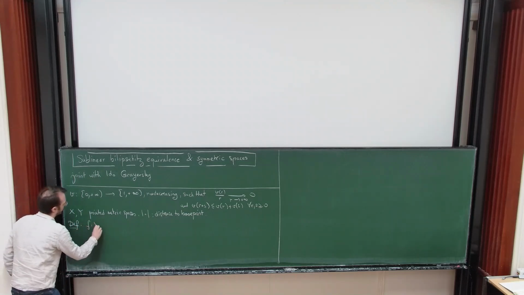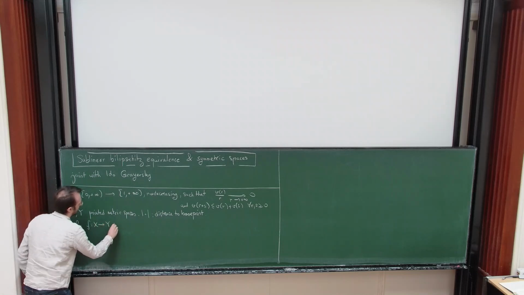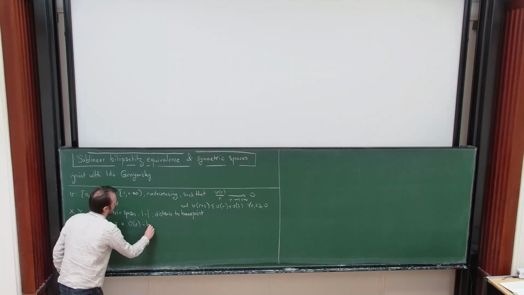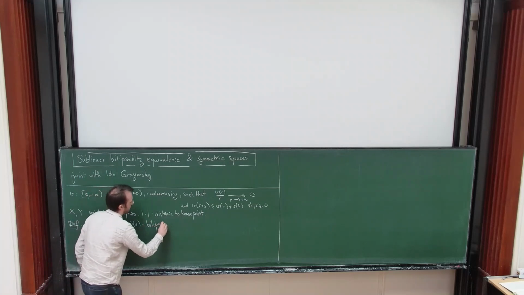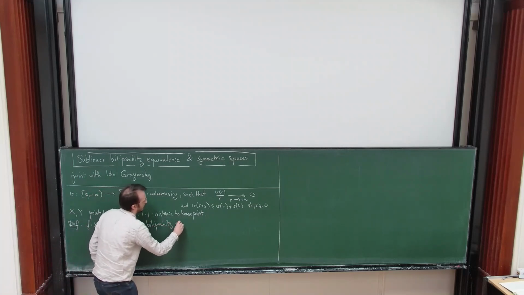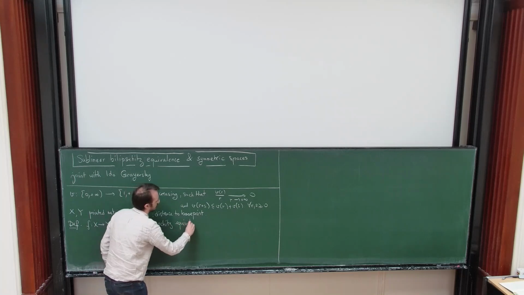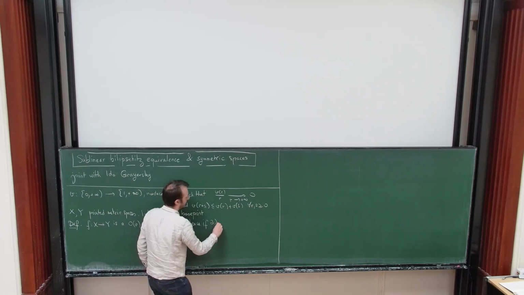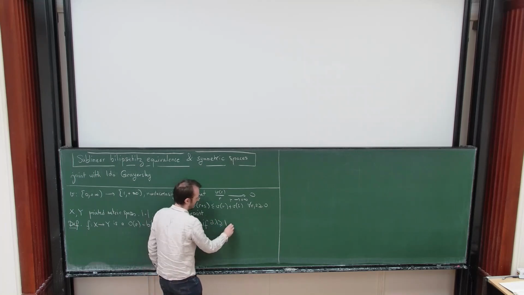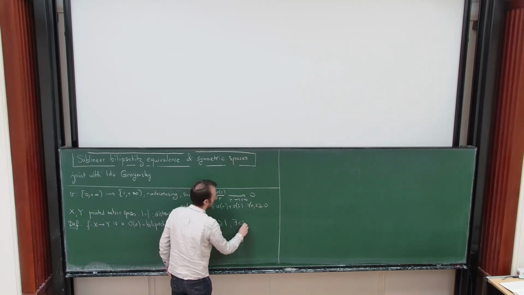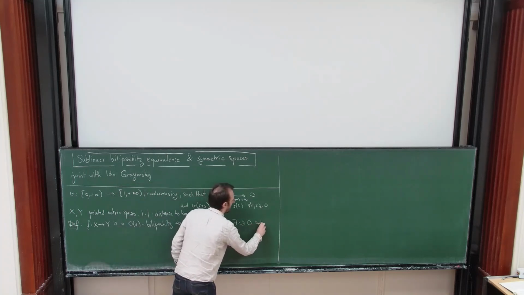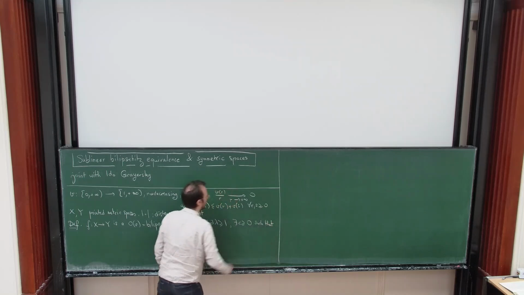So now I give the definition, which is a notion introduced by Cornulier in 2017. So f going from X to Y is O of V bilipschitz equivalent if there exists some lambda larger or equal to 1 and there exists some c larger or equal than 0, such that there are two conditions.